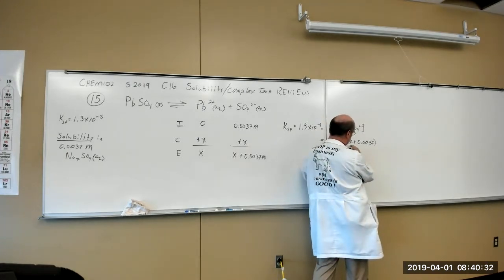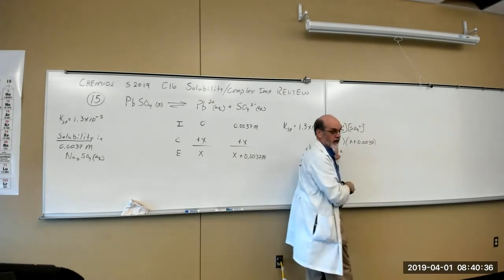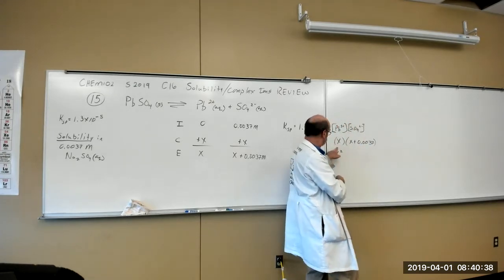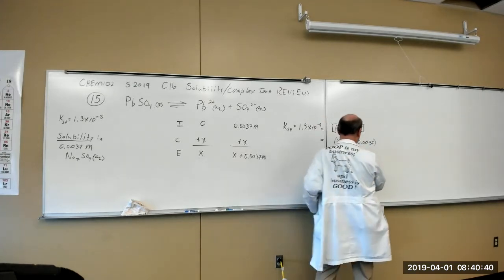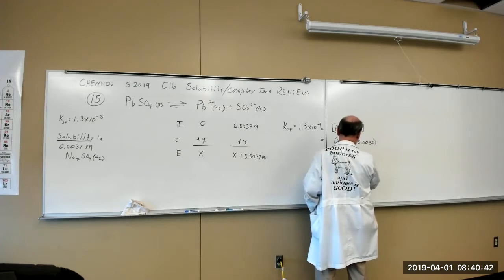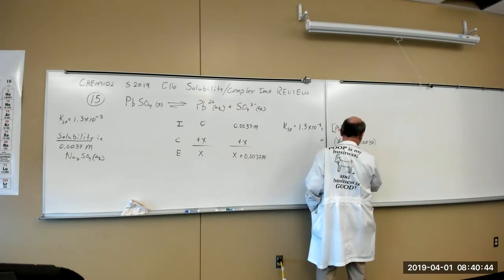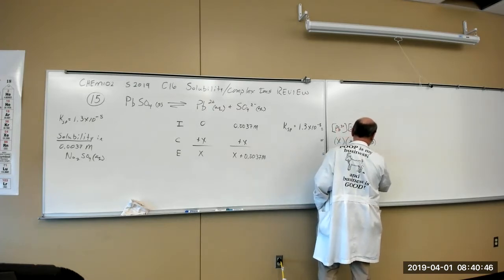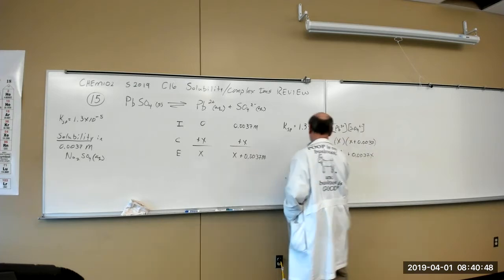And there's no guarantee that it's going to be sufficiently less than this that we can throw it out. So let's say x squared plus 0.0037 x is equal to this number here.